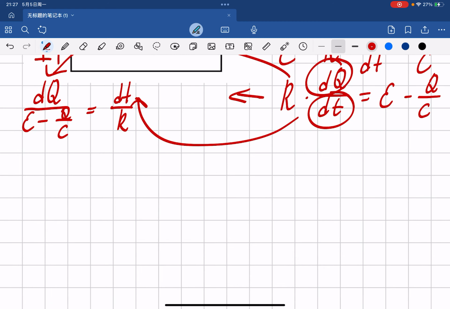And then I will multiply top and bottom by C. If we multiply by C, then C dq will be on top, and on the bottom CE minus q, and it will be equal to dt over R. And we will integrate both sides.